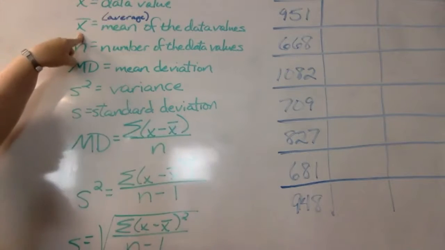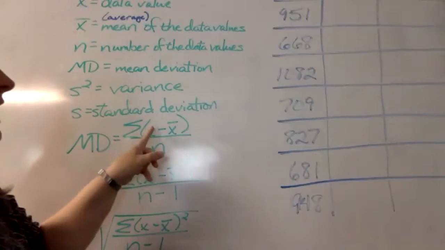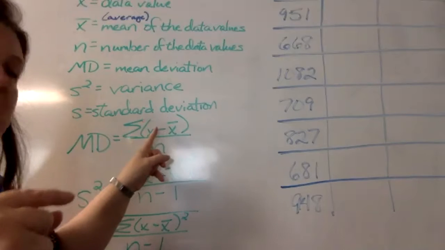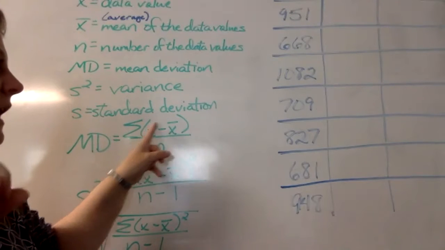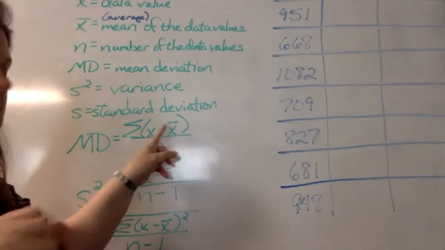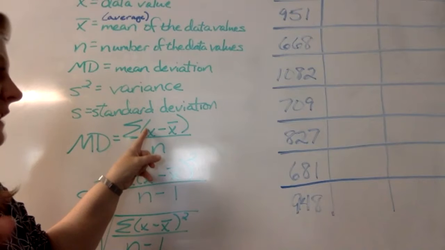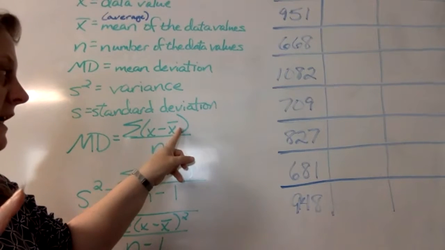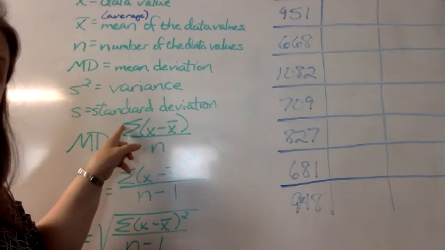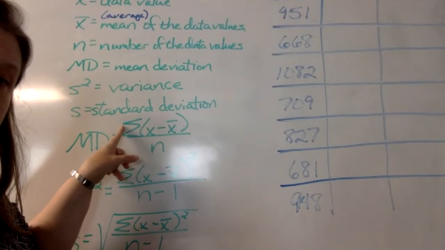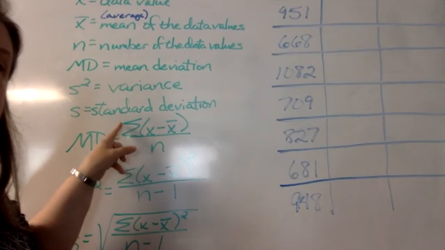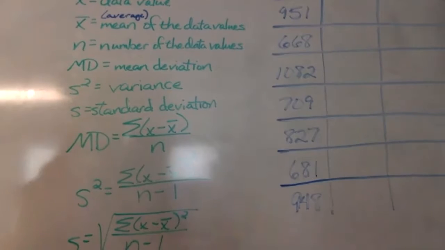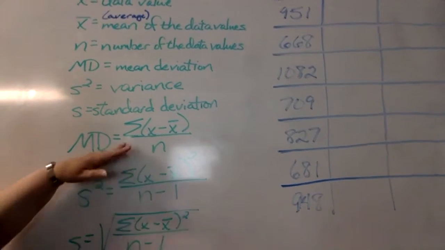So basically what we're doing is we're seeing the difference between each data value and the mean, the average. So you're finding the difference between the original number and the mean. And then this right here, remember we used this when we did our series? It's sum. That means you add them all together. Okay, so that's the first formula.